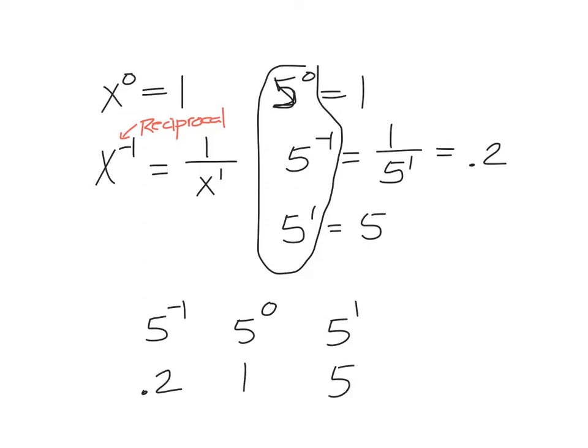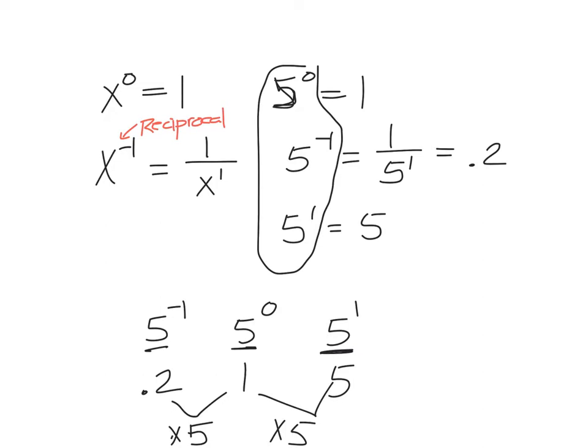Now, what are we talking about? We're talking about a base of 5, so every time we're multiplying by 5. What's 5 times 0.2? If you do 0.2 times 5, you get 1. If you do 1 times 5, you get 5. So that's kind of how this 0 power becomes 1.